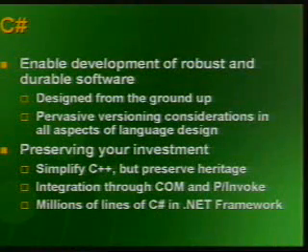For C#, we've also focused very heavily on enabling you to build robust and durable software. Of course, garbage collection, exceptions, and type safety are key concepts that are in the language. Since the language is built from the ground up, that's really the only way that you get those concepts deeply integrated into a language.